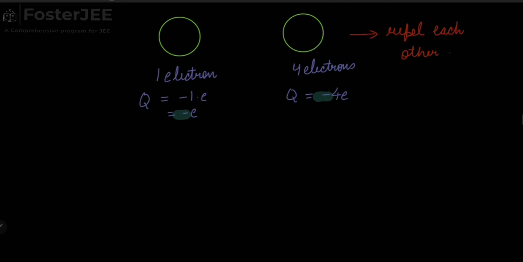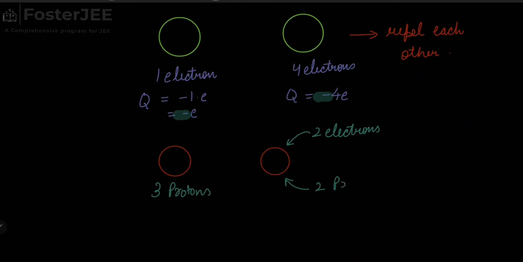Now, one more point that I will discuss here is that suppose we have another two bodies. On this body, we have 3 protons, and on the second body, first we put 2 electrons, and then we put 2 protons. And suppose we put 1 electron here also. What will be the total charge on each of the body?